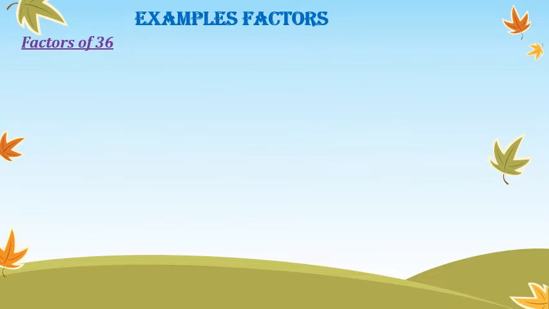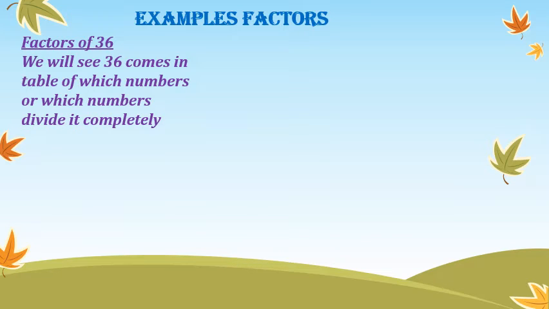Now to understand it better, let's take some more examples. Let's try to find out the factors of 36. When we are finding the factors of 36, we will see 36 comes in the table of which numbers, or which numbers divide it completely. Like here, we know 36 comes in the table of 1, 1 times 36 is 36. It also comes in the table of 2, 2 times 18 is 36.